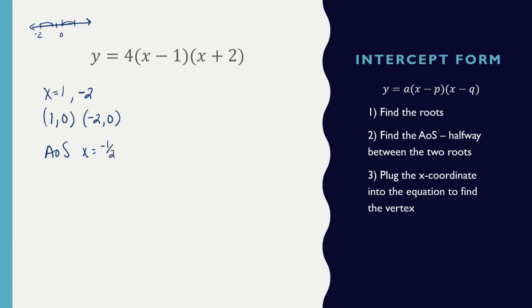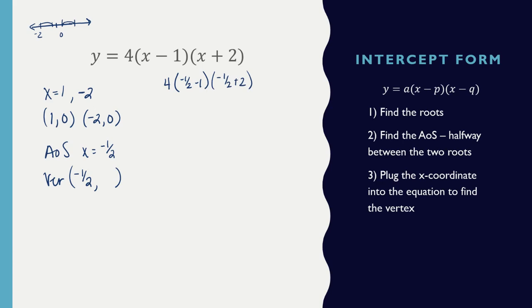Does not matter how you write it, okay? So to find the vertex, we're now going to take that negative 1/2, which is our x, and plug it into the equation to find y. So we're going to say 4 times negative 1/2 minus 1 times negative 1/2 plus 2.